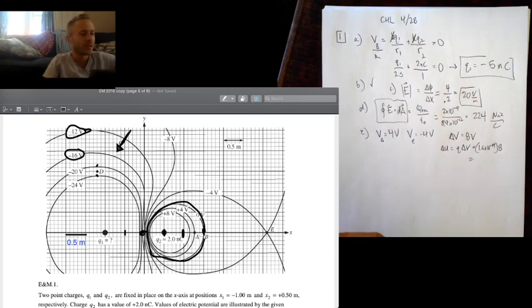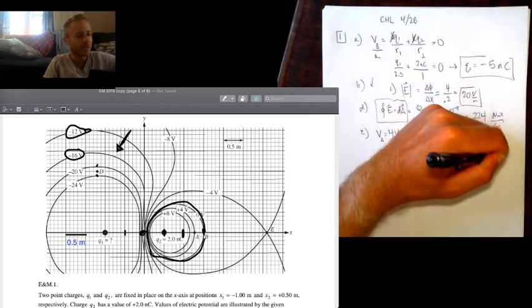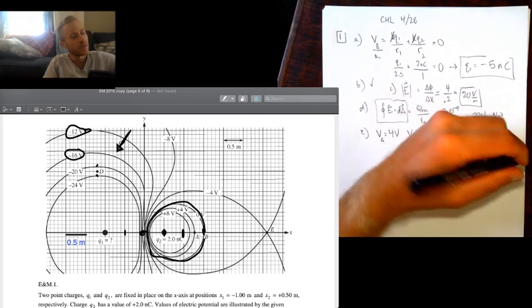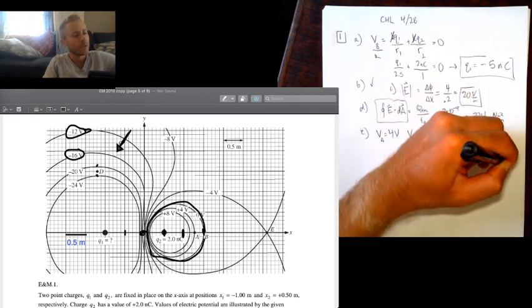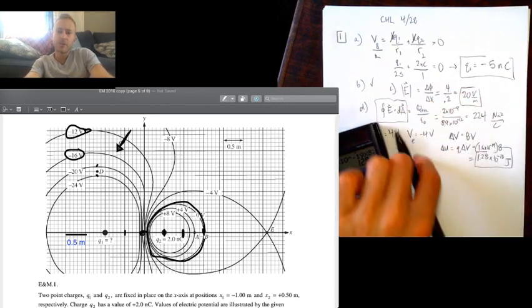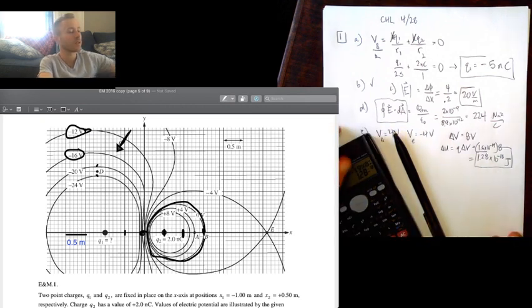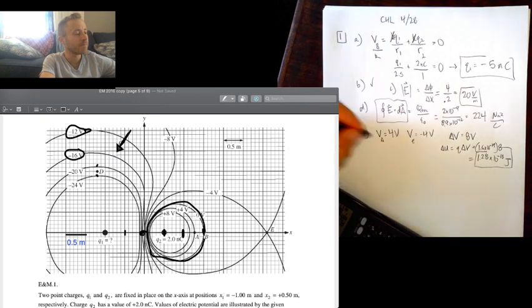Which gives us 1.28 times 10 to the minus 18 joules. So remember, the change in the potential energy is equal to the work done. Okay? So that's the work done. So that was part 1.